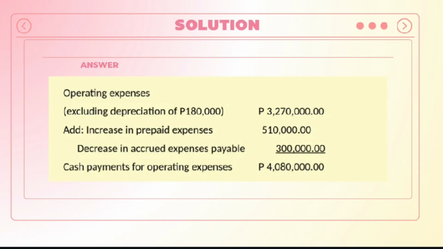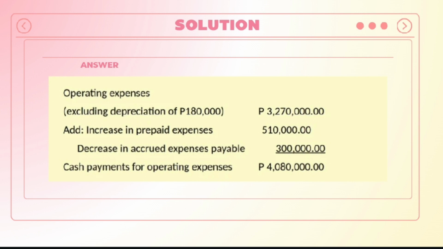So here's the solution. Number 1. Start with operating expenses, excluding the depreciation. So begin with the total operating expenses, which is 3,270,000. Number 2. Consider changes in prepaid expenses. If there's an increase in prepaid expenses, it means the company paid for some expenses in advance.